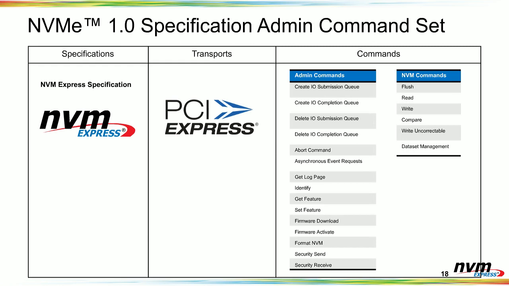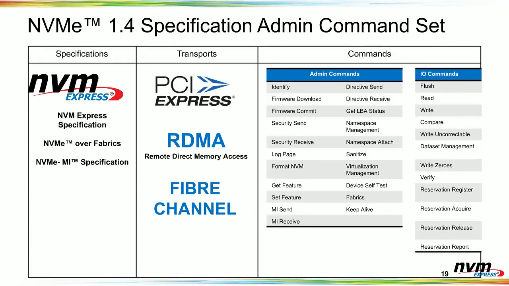If you look at the NVMe 1.0 spec, that was a simple set of commands, and only NVMe over the PCI Express interface. But as soon as the interface and the devices matured and deployment started increasing, you can see NVMe on PCI Express and then the RDMA capability over fabrics.